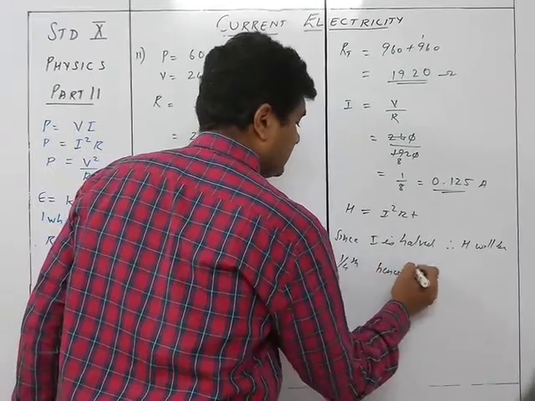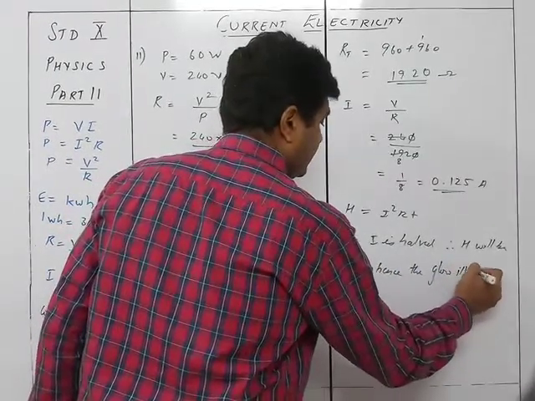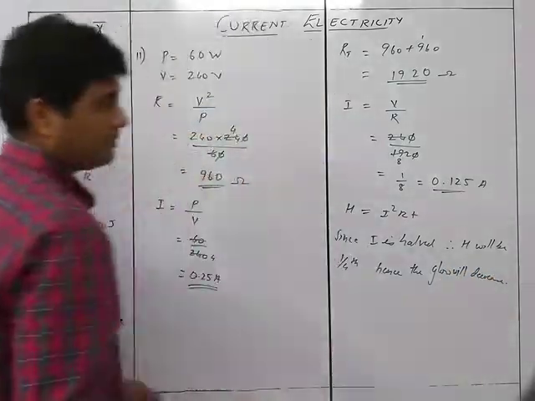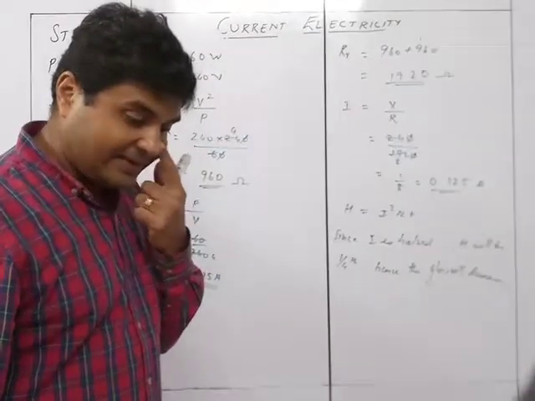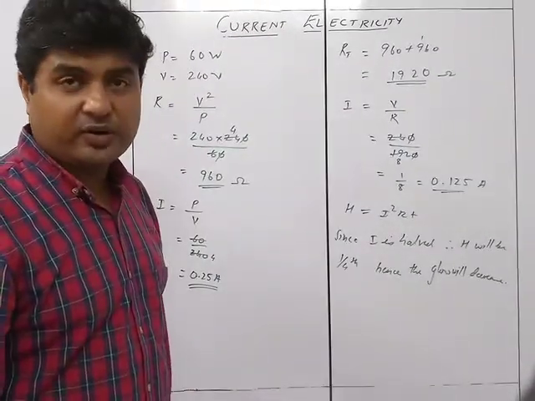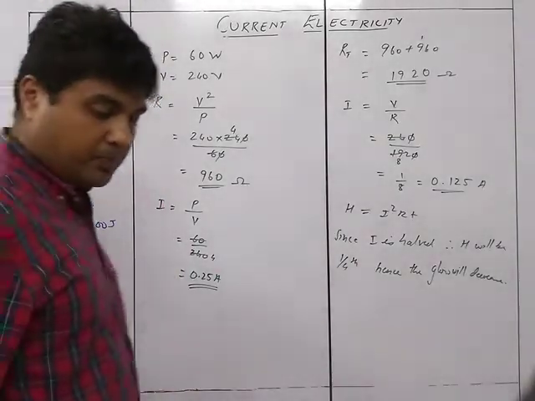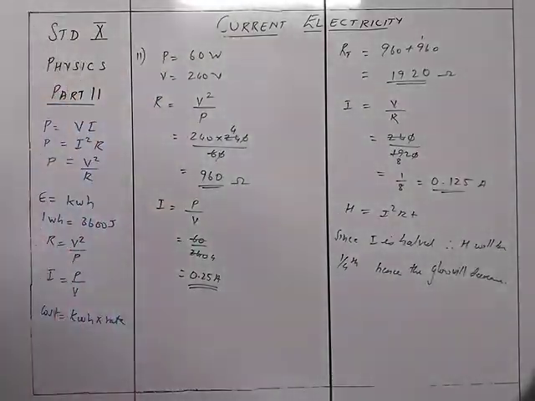Hence the glow will decrease. The glow will appear less bright because the heating effect on the bulb will decrease due to the smaller amount of current passing through it when the bulbs are connected in series. So that was sum number 11.